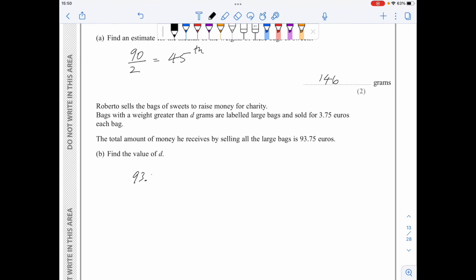So 93.75 divided by the 3.75 per bag will give me 25, and these are large bags, and large bags are bags with a weight greater than D. So I'm going to go to my graph now, but before going, I need to calculate 90 minus 25. That's 65 bags that are not large, so I'll need the 65th observation from my graph.